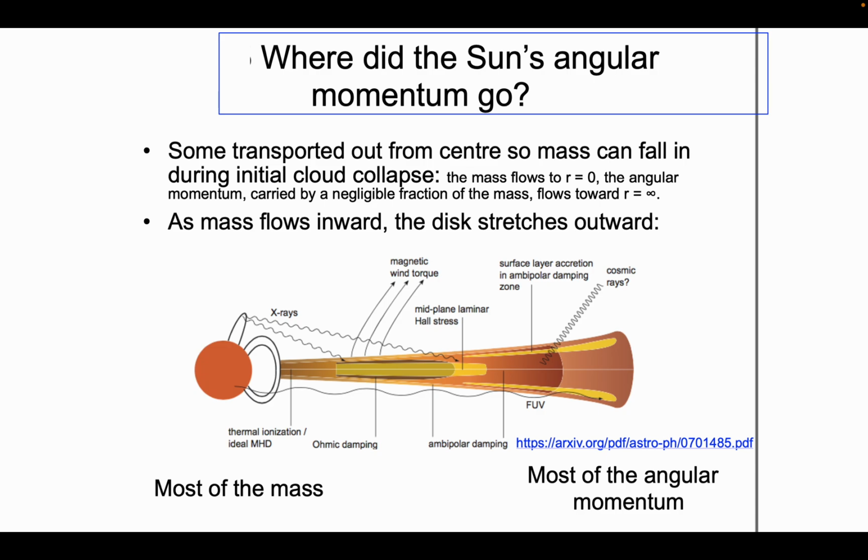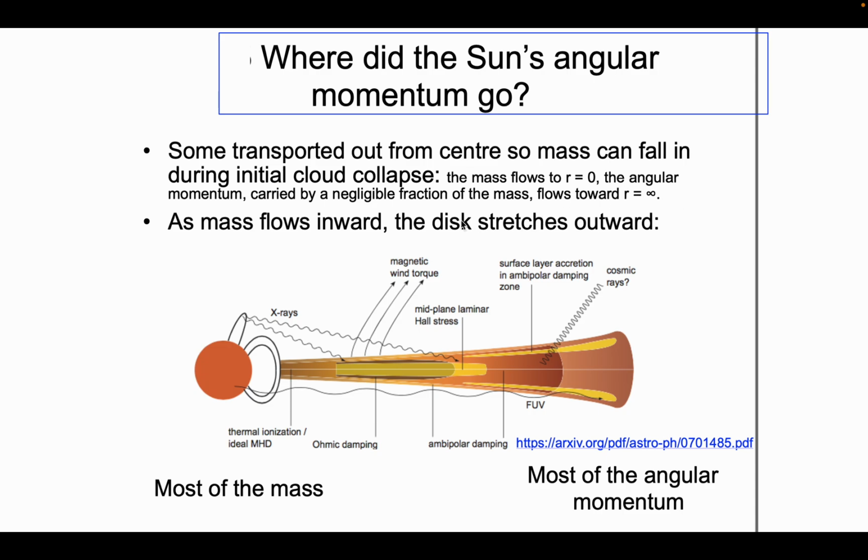It is believed that some of the angular momentum from the Sun is transported out from the center, so mass can fall in during the initial cloud collapse. The mass flows to r equals 0, the center of the solar system, the position of the Sun.